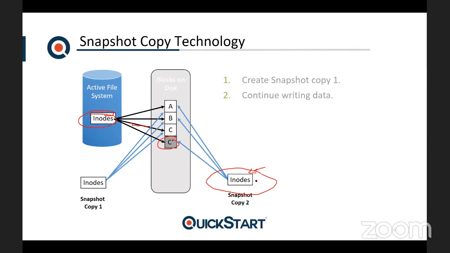It's just the pointers. But as the active file system maybe deletes some files, changes some files over here, now this snapshot is increasing over time. And I stress this because quite often what we miss when we first start using a NetApp storage system is this phenomenon.